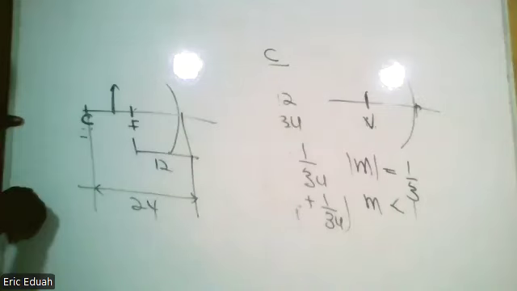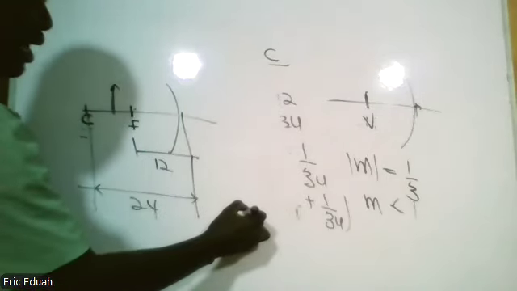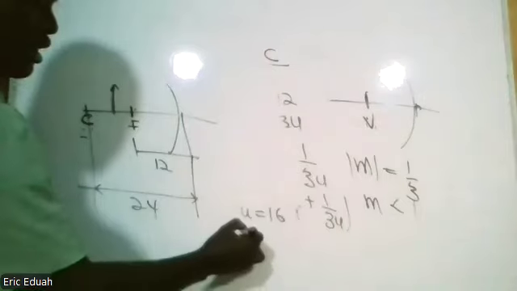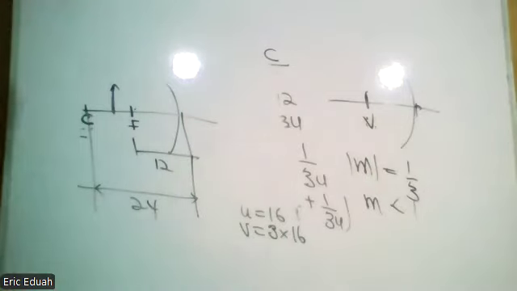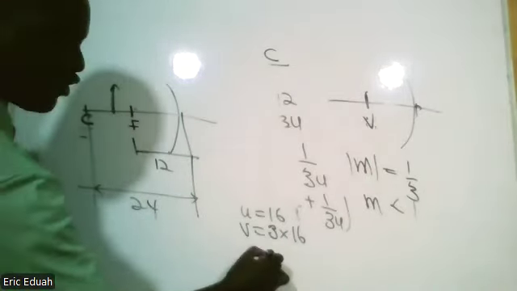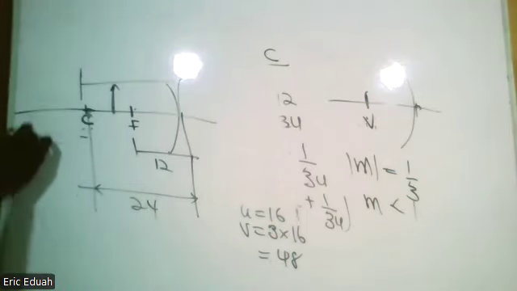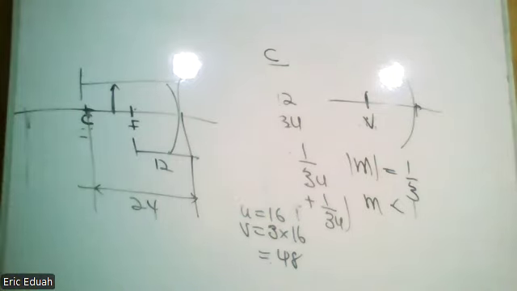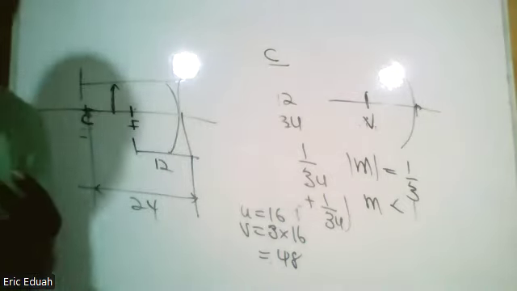So we had U to be 16. If U is 16, V is 3 times 3U, 3 times 16. And what is 3 times 16? 48 centimeters. So the image will be formed behind C because this is 24. If V is 48, it fits the ray diagram perfectly.